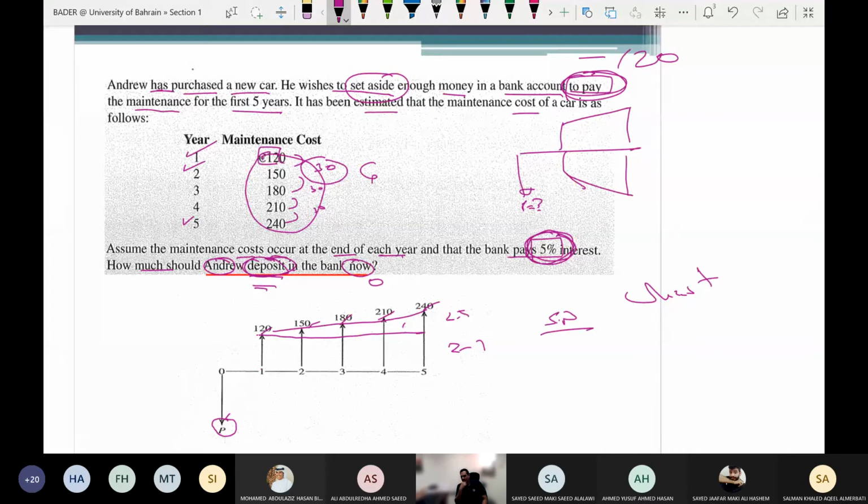Again, 5% indicated with a percentage, and 5 years, the order is excellent. The P/A is the right for 120, P/G is the right for 30. As you can see, all of us now are presenting the right solution. Okay, Abdullah, all of you are doing an excellent job.